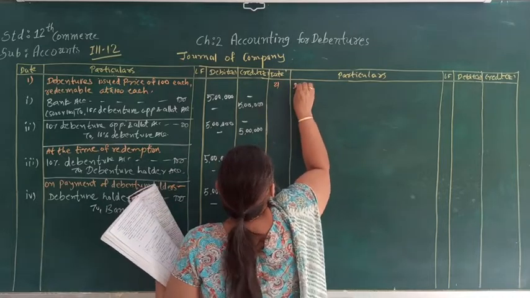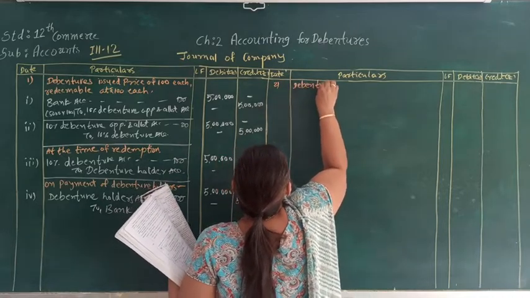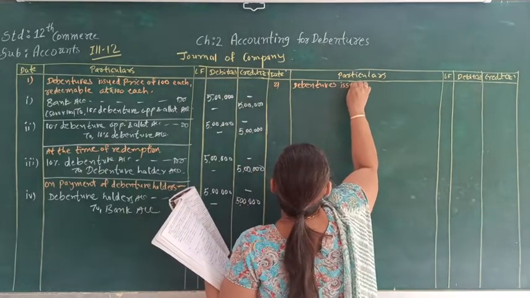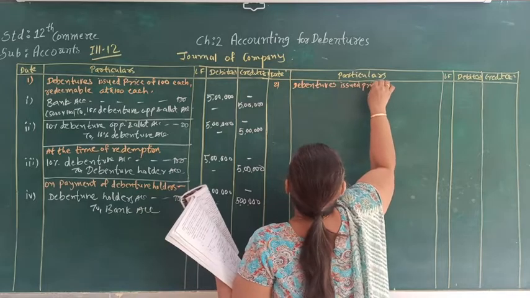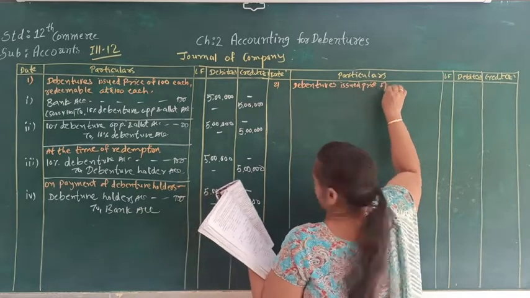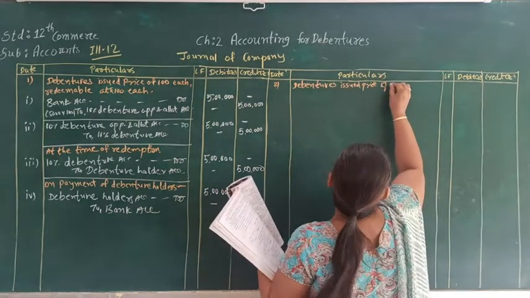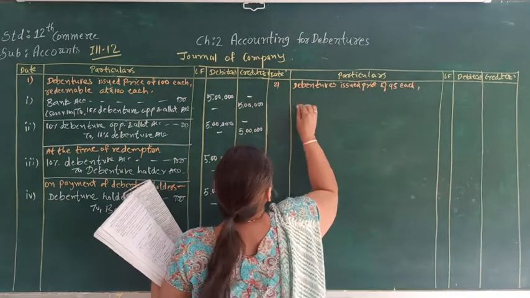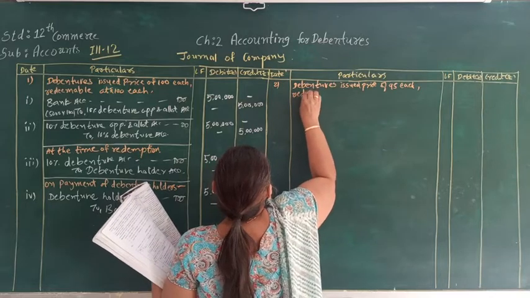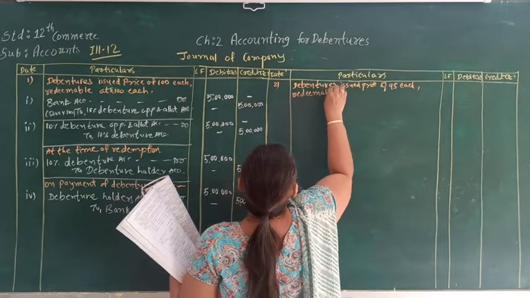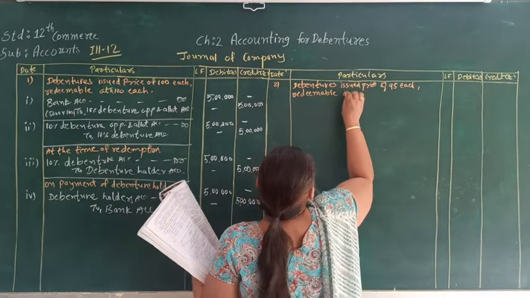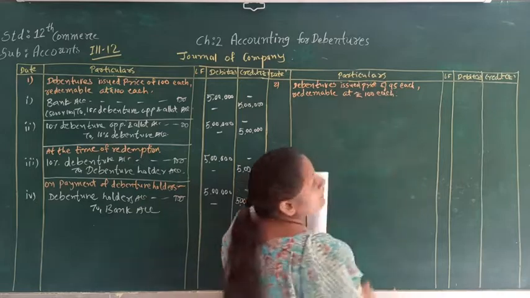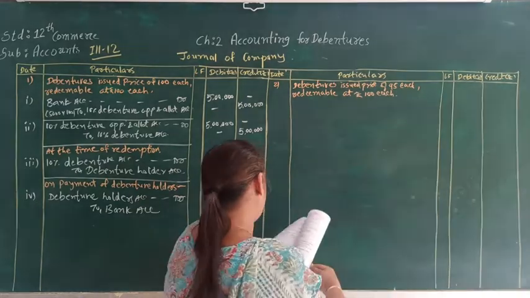Debenture issued at a price of 95 each and redeemable at rupees 100 each. So here issue is at discount and redeemable at par.